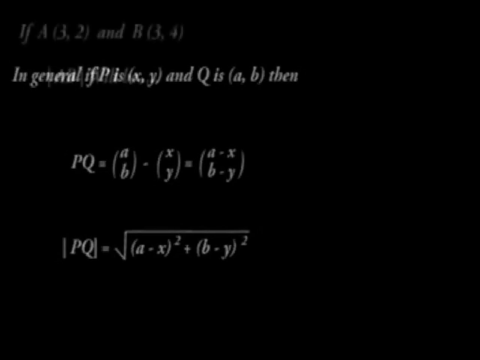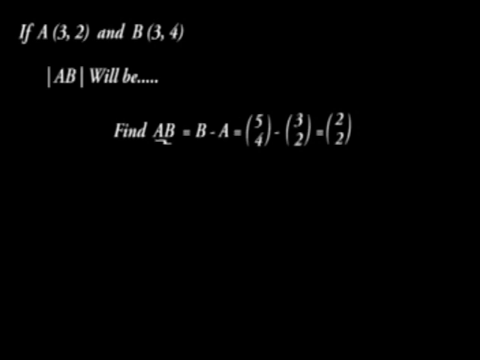Example: if A is (3, 2) and B is (5, 4), find vector AB, which is B minus A, which is (5, 4) minus (3, 2), giving us (2, 2). The magnitude of AB is equal to the square root of 2 squared plus 2 squared, and the answer is square root of 8.